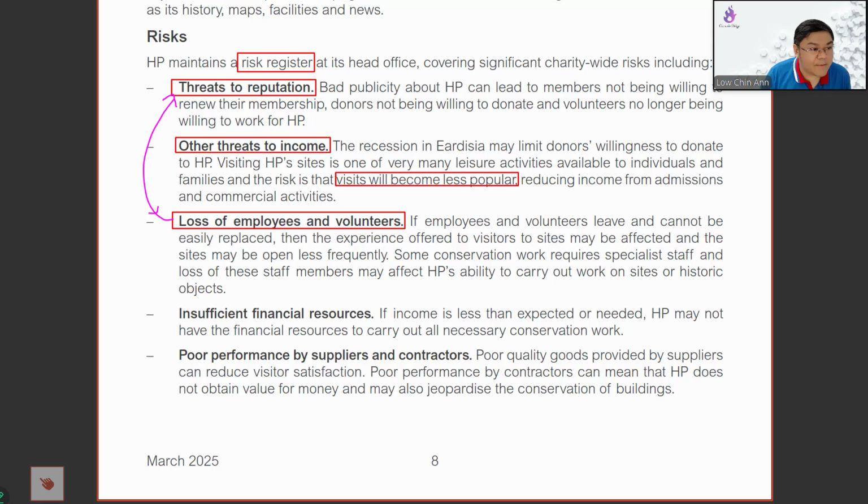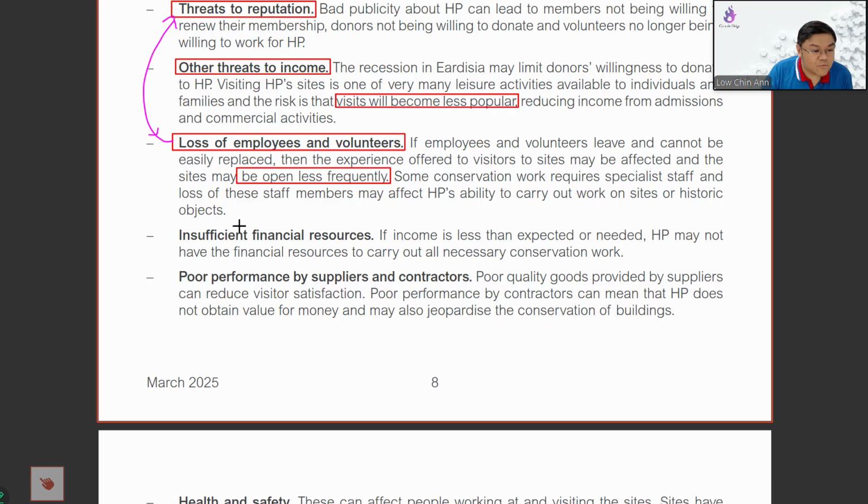They say if employees and volunteers leave and they cannot be easily replaced, the experience offered to visitors of the sites will be affected. The sites will be open less frequently, and that's a real frustration. If every time you go, you find that they don't stick to one time. Okay, conservation work requires specialist staff, and loss of these members may also affect their ability to carry out this work.